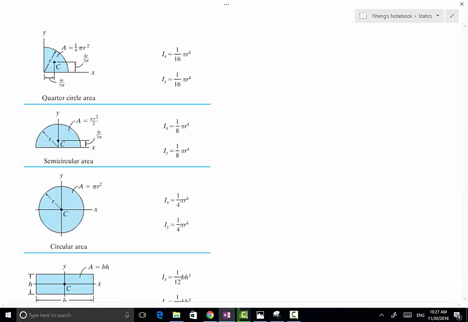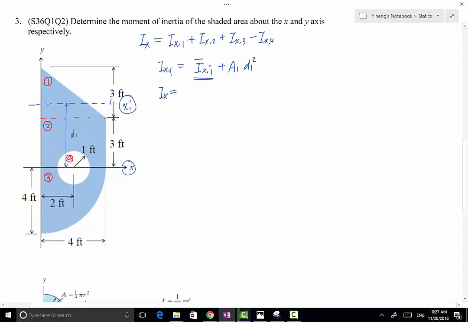So with that, we come back. We have 1 over 36 multiplied by b, the base, which is 4 feet, multiplied by the height of the triangle, which is 3 feet, raised to the third power. Plus the area of the triangle, which is 1/2 times base times height, so 1/2 times 4 times 3, multiplied by d1 squared, this distance right here.